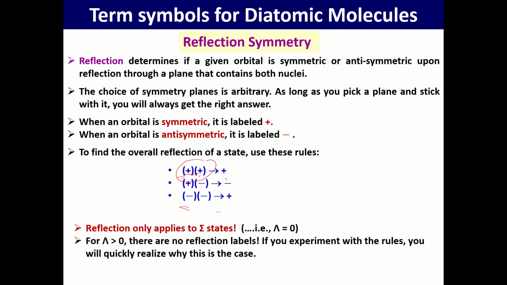Minus minus will be plus, plus plus will be plus. Okay, so reflection only applies to sigma, again and again we have been referring to it. No reflection labels for lambda greater than 0.